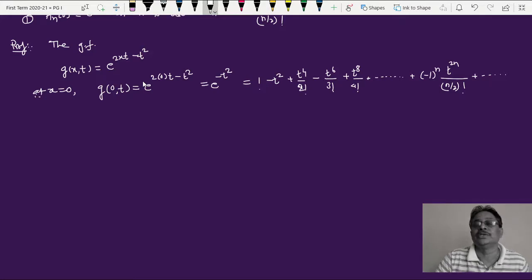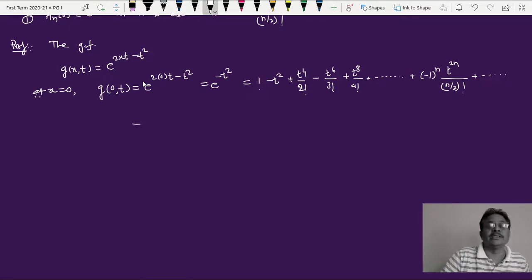So how to write the nth term in that series can be understood from the first few members. Here, 4 upon 2 factorial is 2 factorial, and 6 upon 2 factorial means 3 factorial. So I can write the nth term this way.